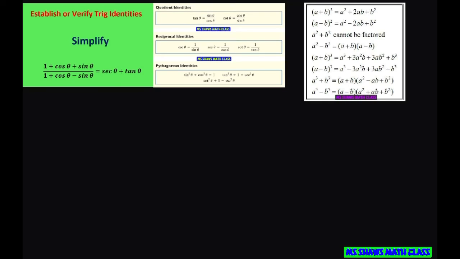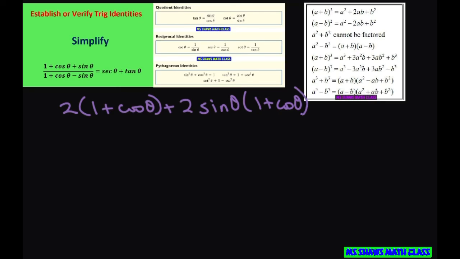So we have, factoring out a 2, 2 times 1 plus cosine of theta plus 2 sine of theta times 1 plus cosine of theta. And then in the denominator we factored out a 2 cosine of theta, 1 plus cosine of theta.